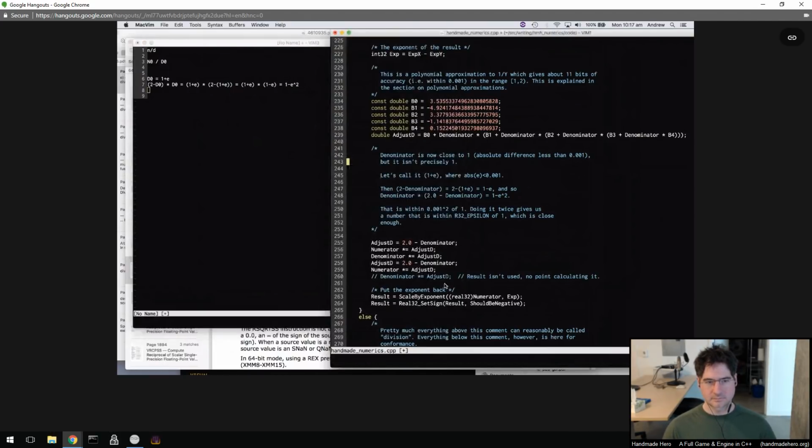We don't actually have to do the second one because we don't care about the denominator. We know that's close to 1, and so the numerator is then x divided by y, and then we just put the exponent back, set the sign bit. So we did some sign hackery up there so that we know it's between 1 and 2, not -1 and -2. And that division works.